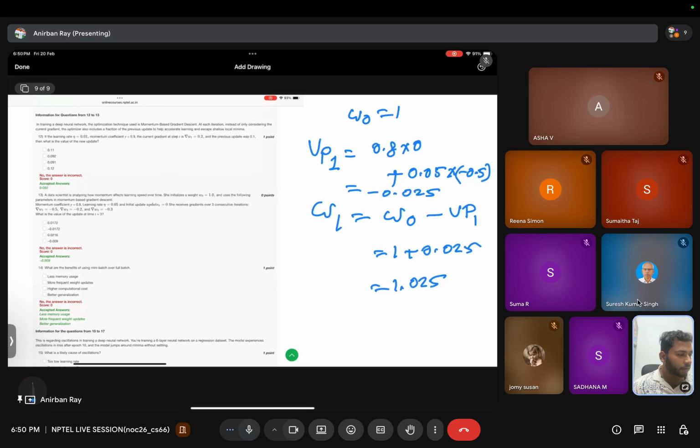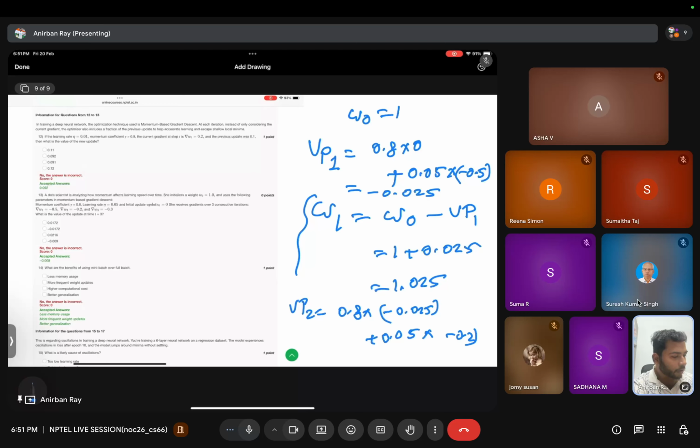But I think this is not needed. The W calculation is not needed. We only need the update calculation, that is what they've asked for. So next we go to the update 2 calculation, which will be 0.8 times update 1, plus the learning rate term.